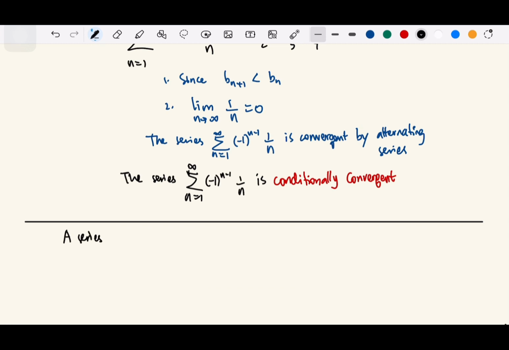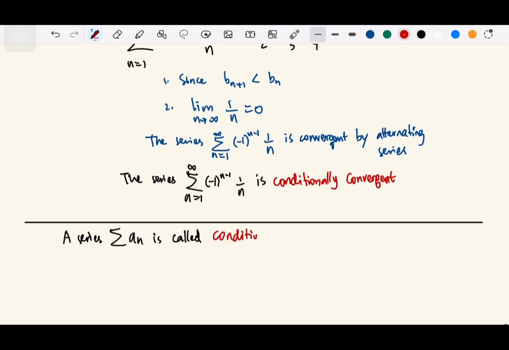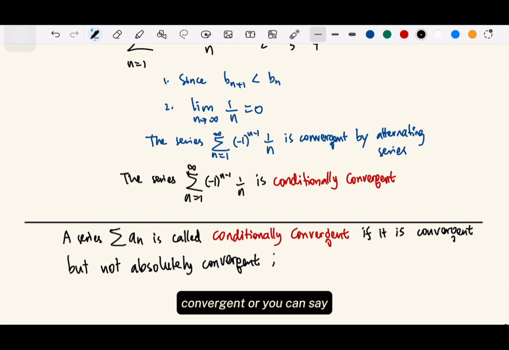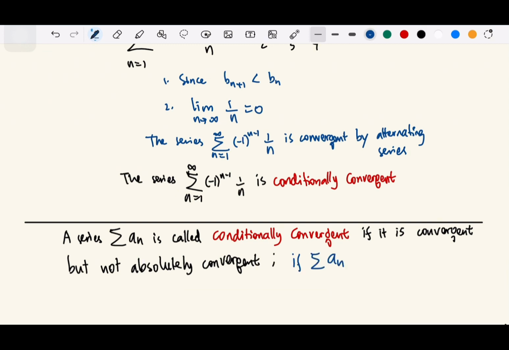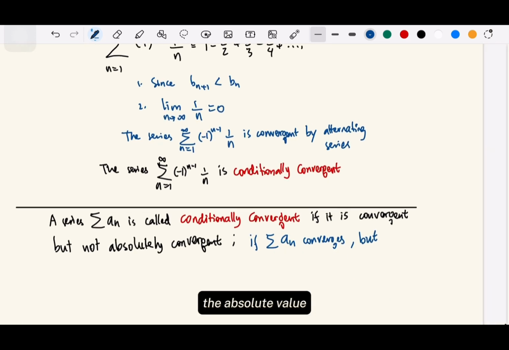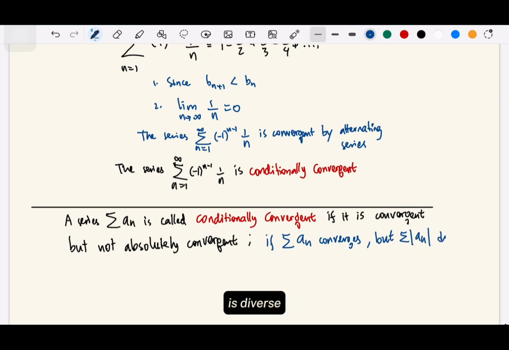A series is called conditionally convergent if it is convergent but not absolutely convergent, or we can say if the series converges but the absolute value series is divergent. We call this conditionally convergent.